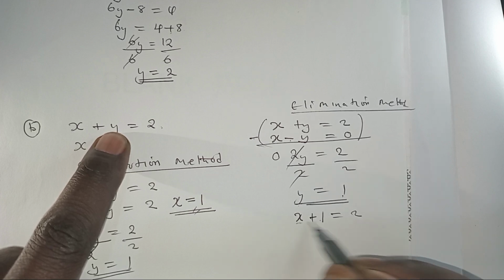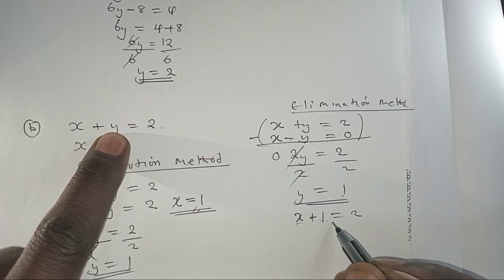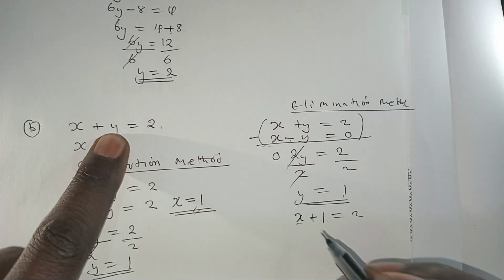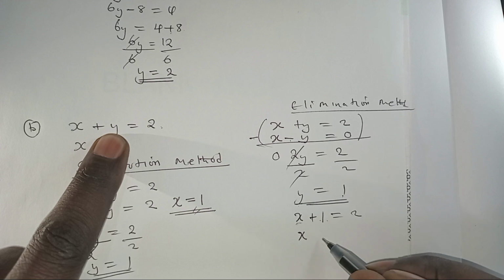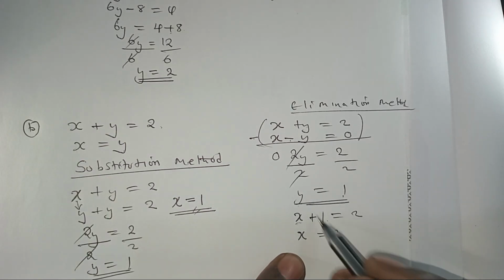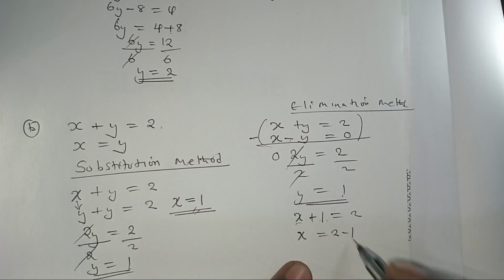We understand these two cannot be added. x plus 1 cannot be added because they are unlike terms. So instead, we maintain the x, then we say equal to 2. The additive inverse of positive 1 is negative 1. So we shall have x is equal to 1.